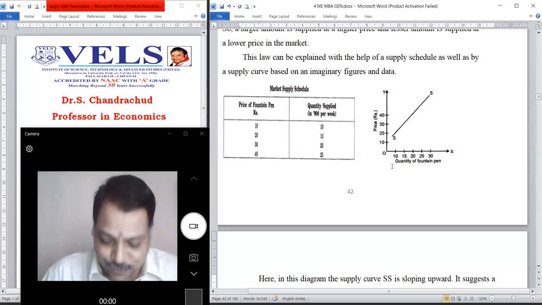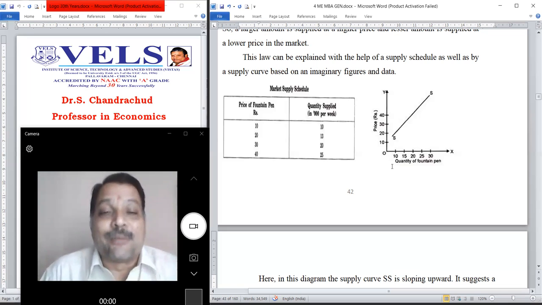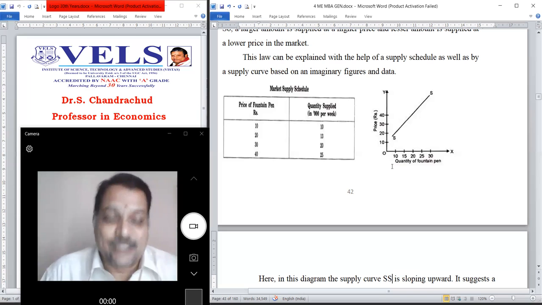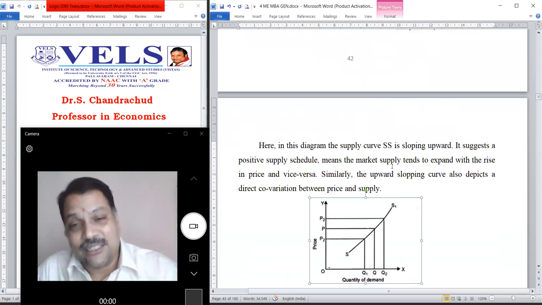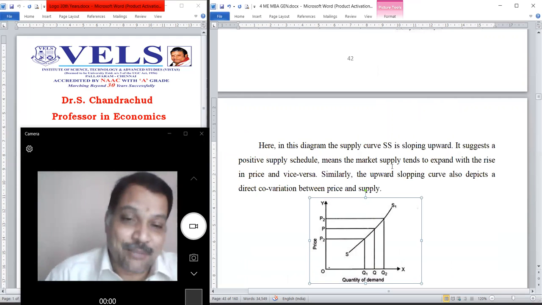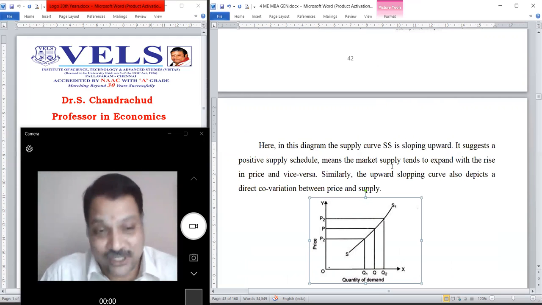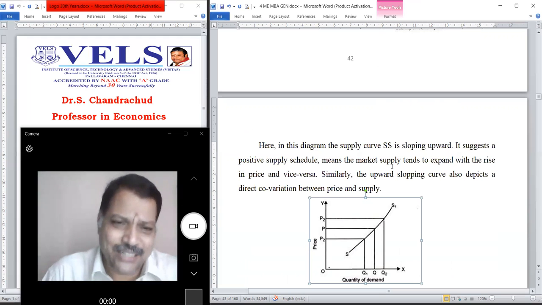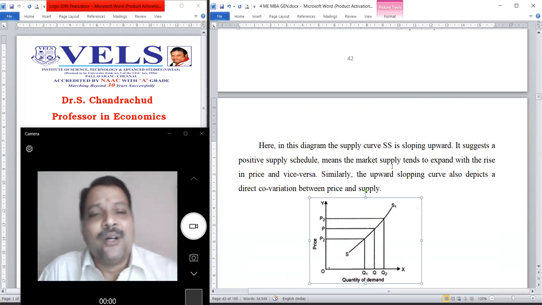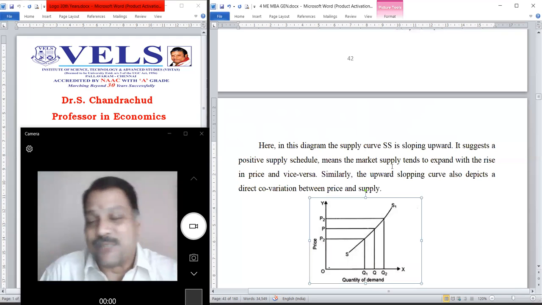When you plot this supply schedule in a diagram, we measure the quantity of fountain pens on the x-axis and the price of the fountain pen on the y-axis. Then the shape of the supply curve will be upward sloping from left to right. The supply curve is sloping upwards. It suggests a positive supply schedule, which means that market supply tends to expand with a rise in price and vice versa.